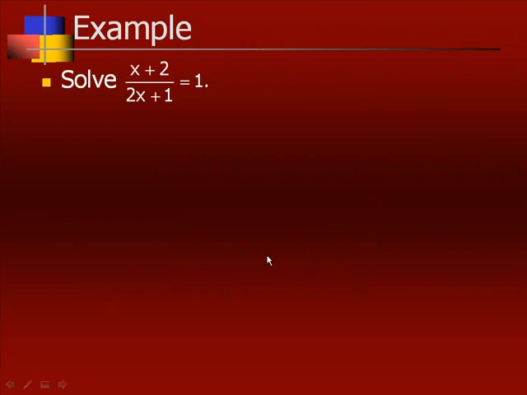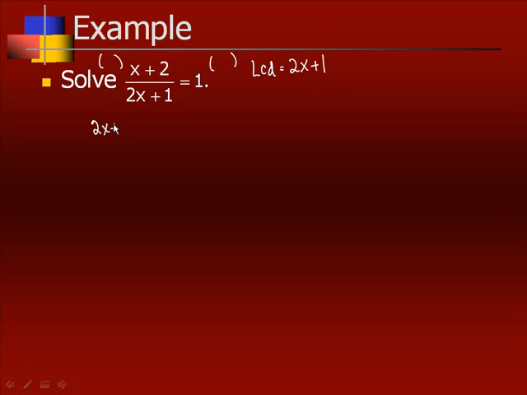Solve (x + 2)/(2x + 1) = 1. Remember way back in beginning algebra we learned if you have an equation with a fraction in it, multiply both sides by the LCD. So in this case, the LCD is 2x + 1. So we're going to multiply both sides by 2x + 1.